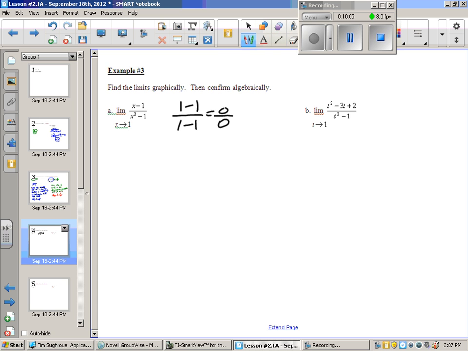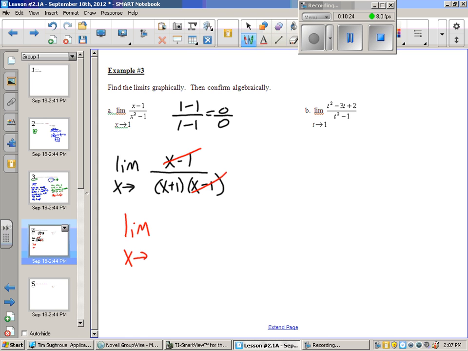Here's what happens in this particular situation. We can factor the top, or factor the bottom, to be x plus 1 times x minus 1. And after we factor, we can cancel. And so now we're simply taking the limit, and you must write this down every time as you're simplifying limits. The limit as x approaches a value.